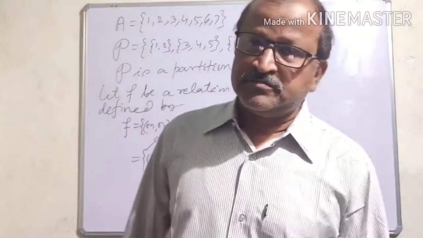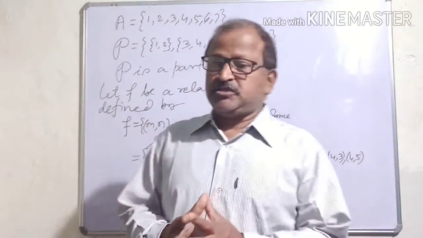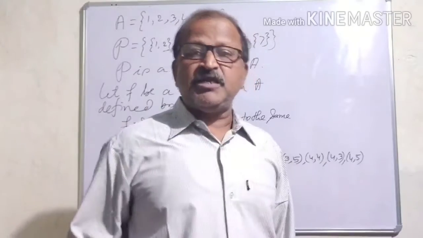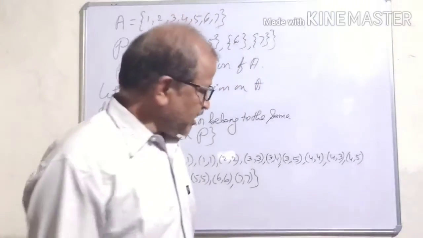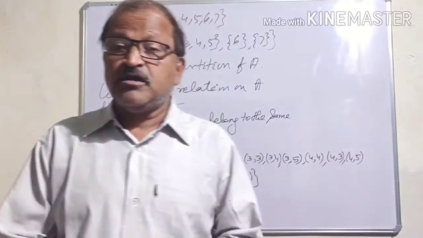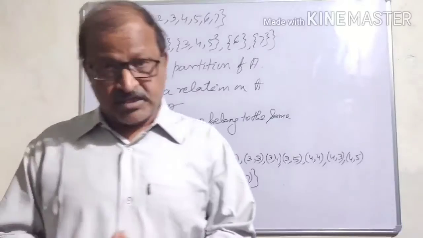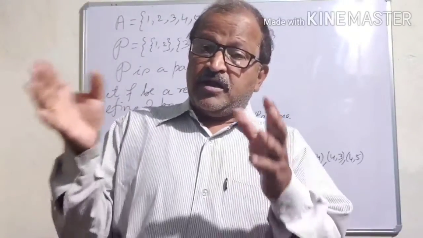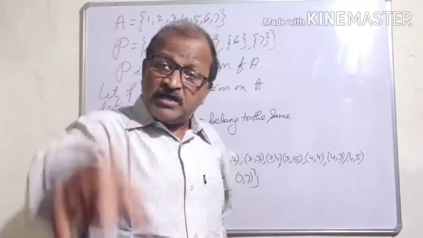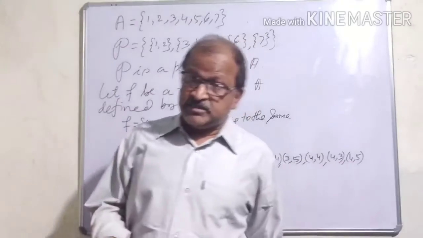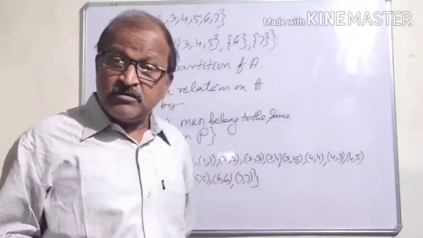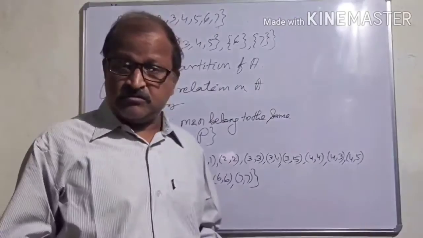Hello students, in the last lecture we discussed equivalence relation and partition, and we saw how an equivalence relation forms a partition of a set. Now I had asked you to create an equivalence relation from a given partition.